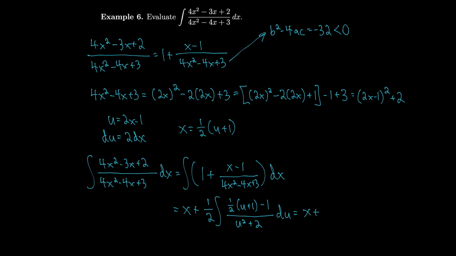So how about I take half and factor it out of the numerator. This half comes out easily, and that half comes out over there and leaves me with 2. So I have 1/4 outside now because I factored out a half, and inside I have u + 1 − 2, so that's u − 1, over u² + 2.